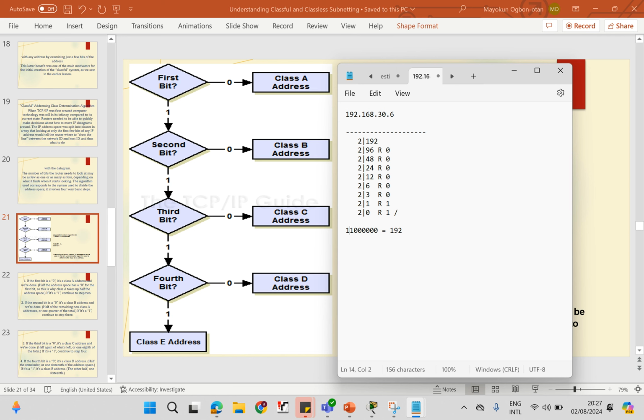We said if the first bit is 0, it is class A, but our first bit here is 1. So we move to the second bit. The second bit is 1 again. That means if it is 0, it will be class B, but it's still 1. So we go to the third bit. The third bit is 0 here. So that means 192 is a class C IP address.